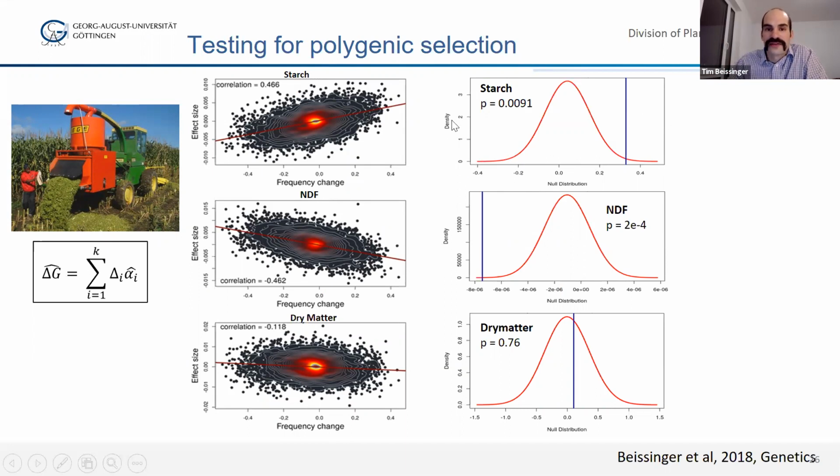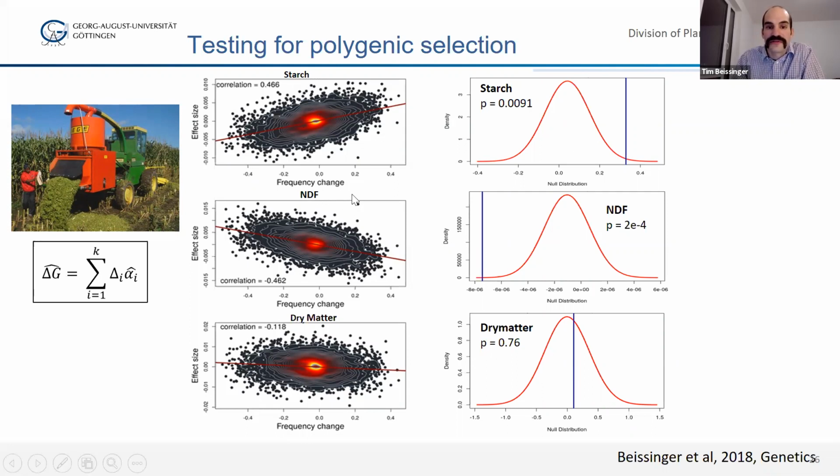So looking at starch content, we see this relationship between allele frequency change and effect size across all genotype markers, and we get a significant p-value saying that starch was under selection in the population. We knew that because we did the selections. So this is still kind of a proof of concept that Ghat is working. We haven't learned anything new, but it's nice to see.